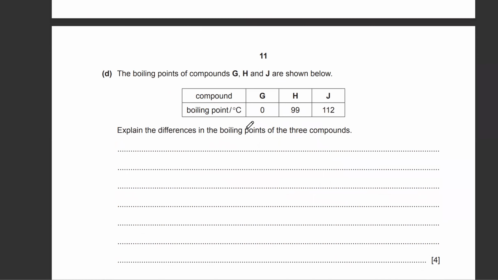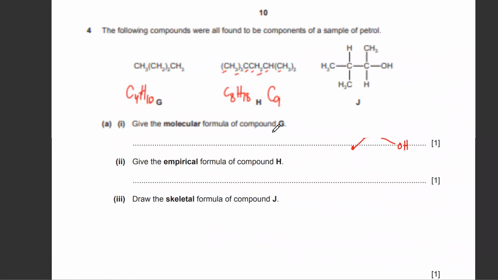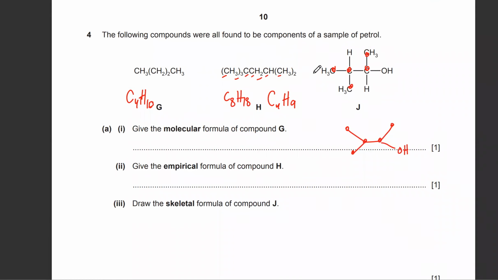बाकी explain the difference in boiling points of the three compounds, boiling points का question आ गया. So that's about intermolecular forces. In तीनों में which one is going to have the highest boiling point? Sir, H. कौन सा? H. क्यों? Sir, I think H और J में से कोई होगा.